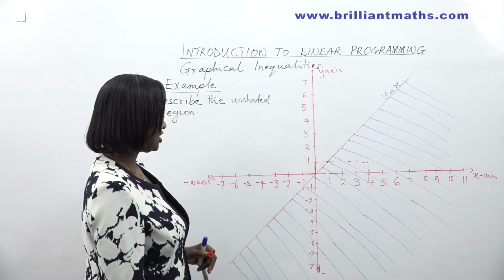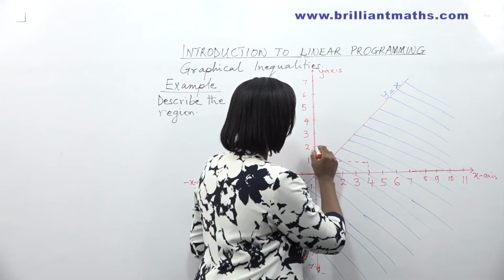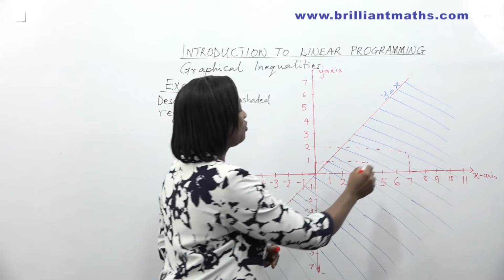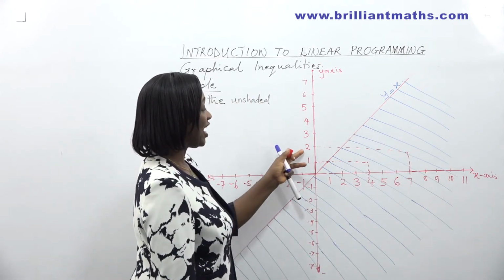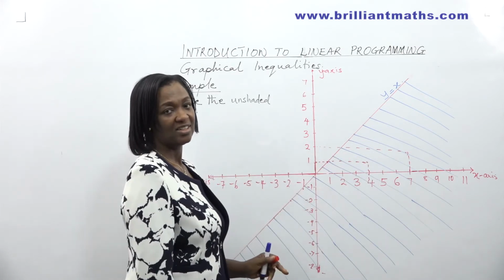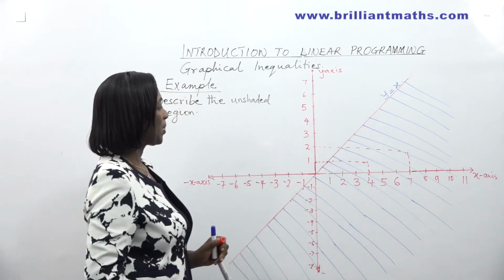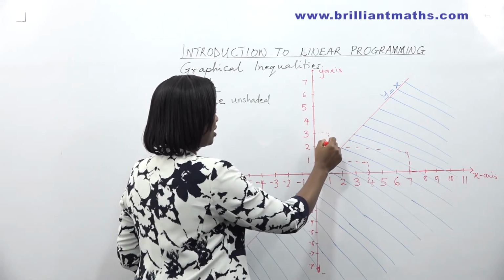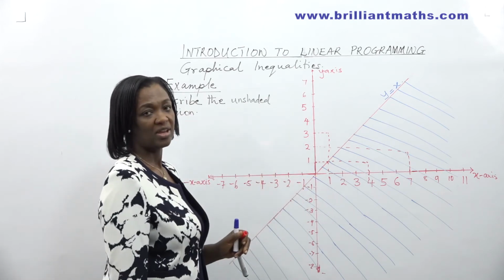Let's choose another point. Say the point 2, 7. Or 7, 2 rather. When x is 7 and y is 2, we can see again that y is less than x in that region. So let's come to the unshaded region. We'll choose the point 1, 3, where x is 1 and y is 3.